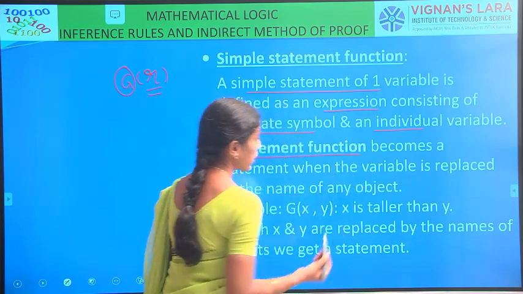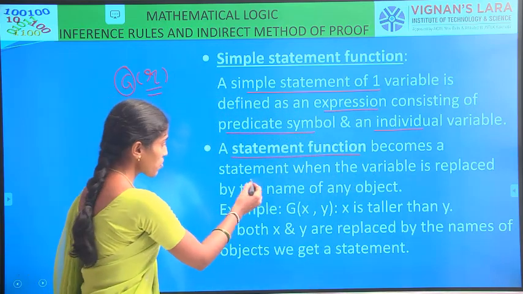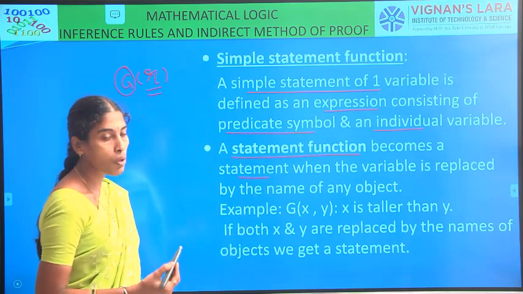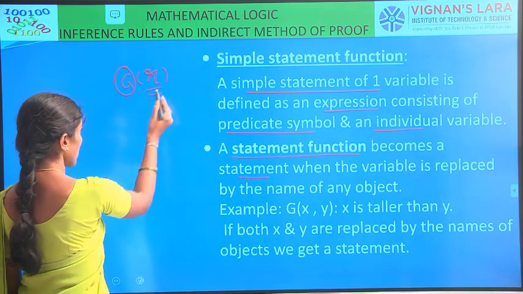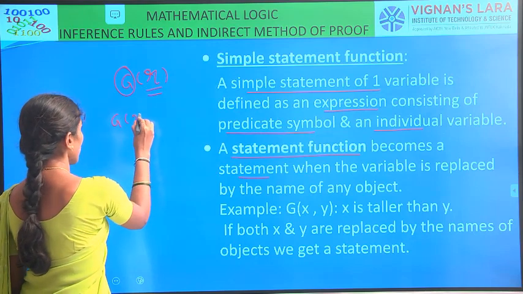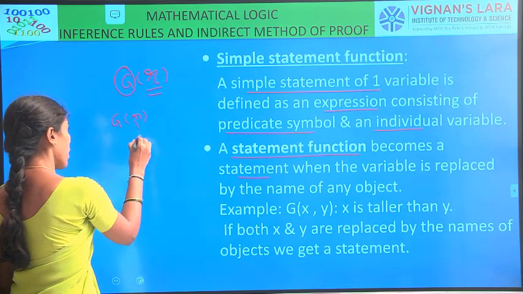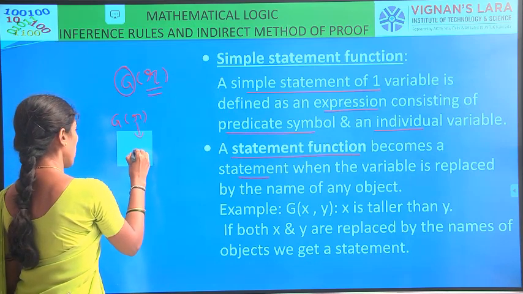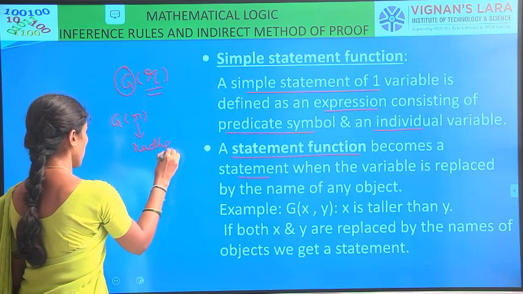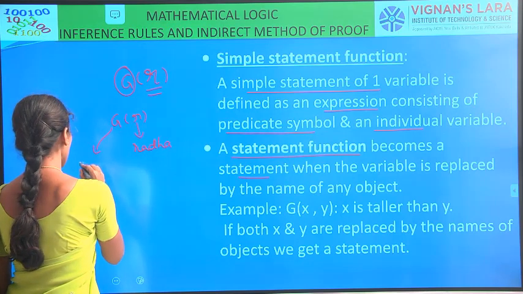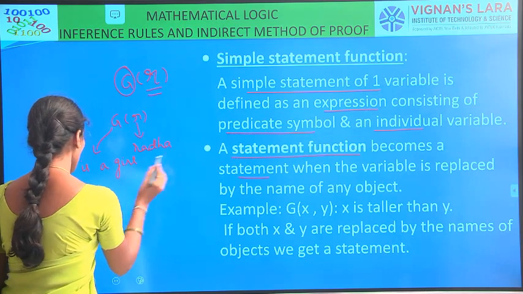Next definition, statement function. What is meant by statement function? It becomes a statement when the variable is replaced by the name of any object. Suppose we consider this G of x. What is G of x? A simple statement. If I replace this with Radha, G meaning "is a girl", then what we get?